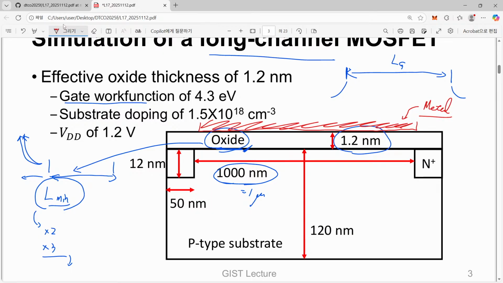We just consider the boundary between this metal and the oxide. So if we have to draw a gate, it is represented as just a line segment in this diagram instead of a full two-dimensional shape, because it is just considering the interface. And its length is 1 micrometer.